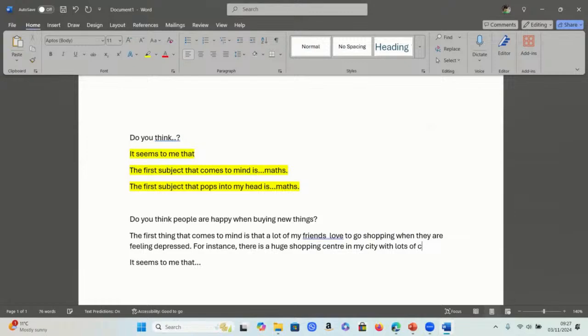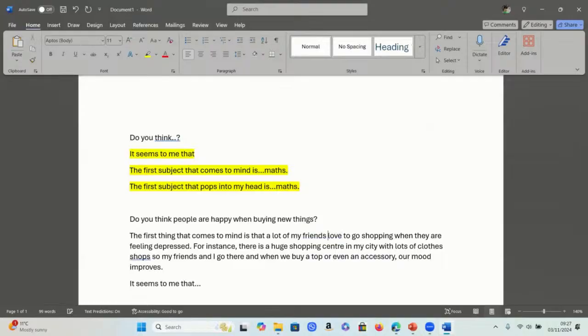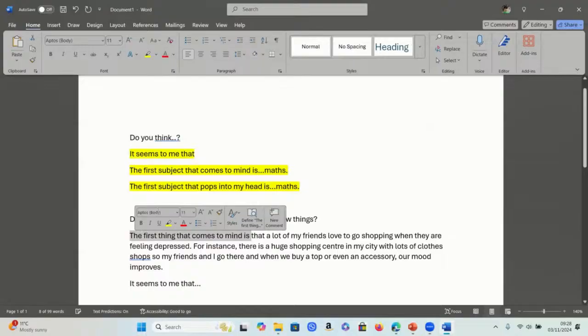So my friends and I go there, and when we buy maybe a new top or whatever, our mood improves. That's how I would quickly answer it. But the main thing is this sentence frame, when you say, do you think? Or you could say, it seems to me that.